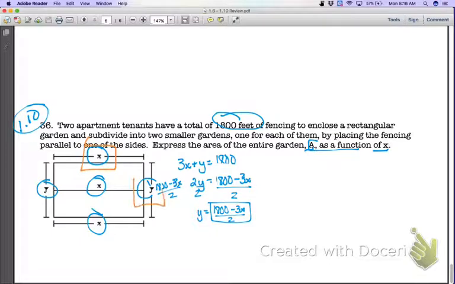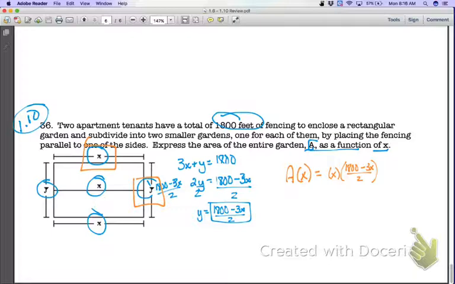Take the X times the Y. Well, what is Y? So it's A of X equals X times 1,800 minus 3X divided by 2.